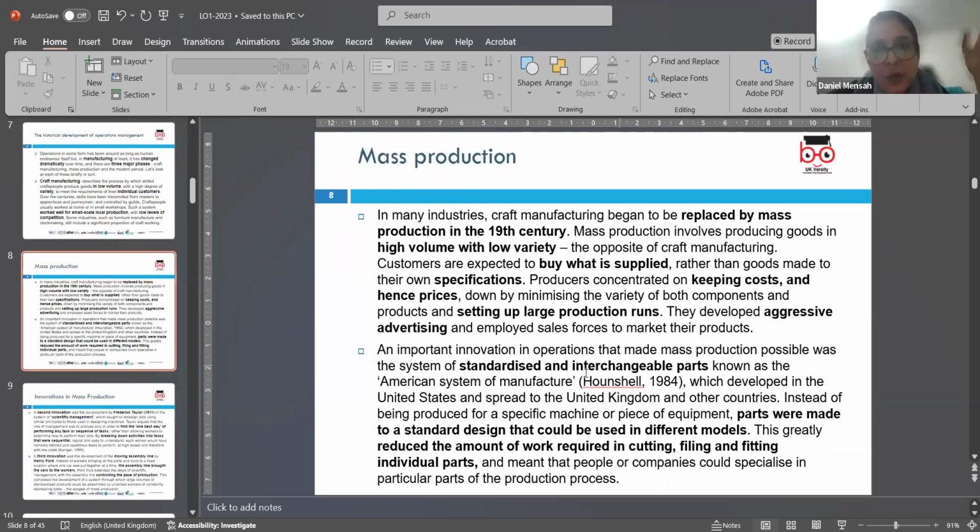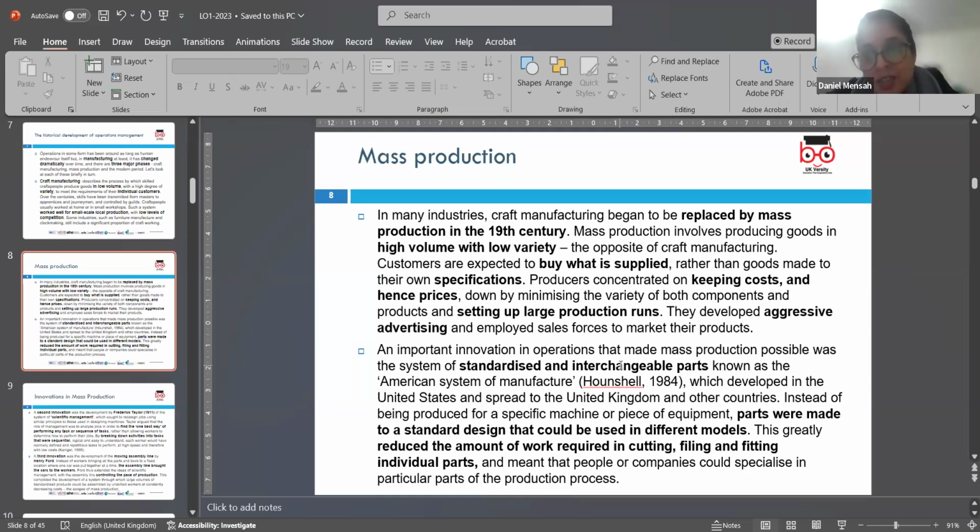And then the second era: slowly it moved toward mass production. In the late 19th century, some organizations and industries replaced craft manufacturing with mass production. What happened in mass production? They wanted to produce a big volume of the product.